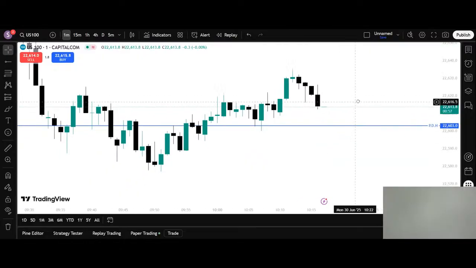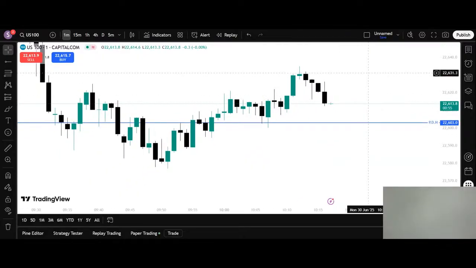Seems to be crashing down a little. Pivot, but I would like to see more momentum before I take a sell.